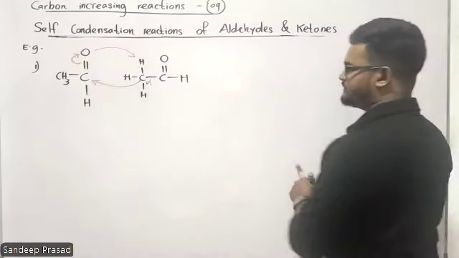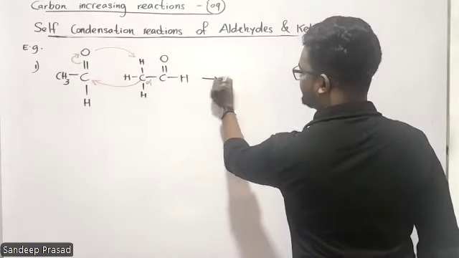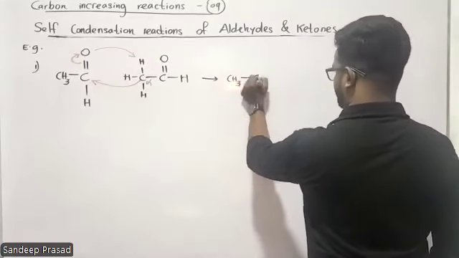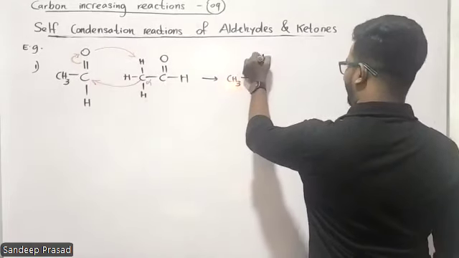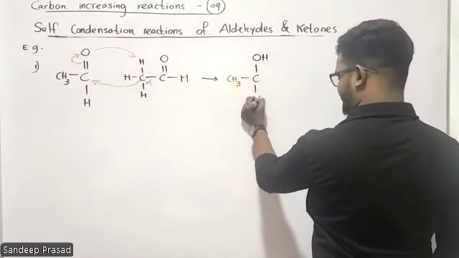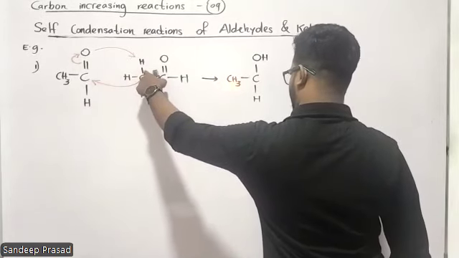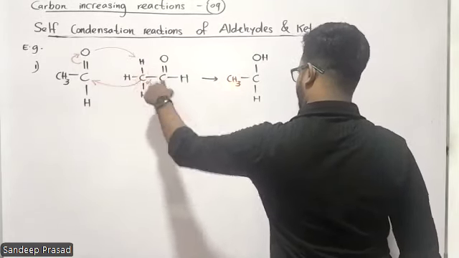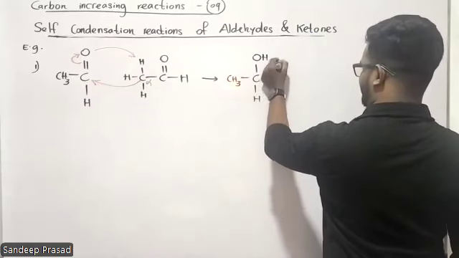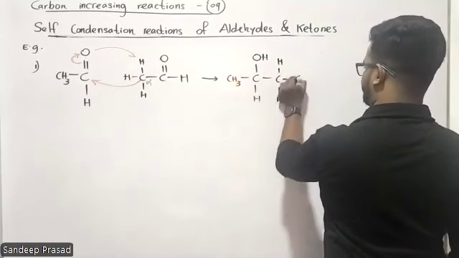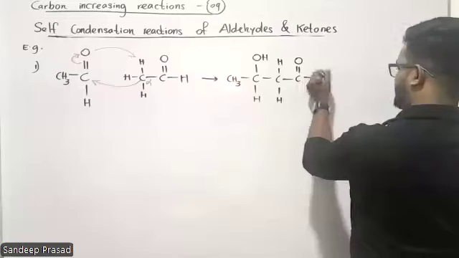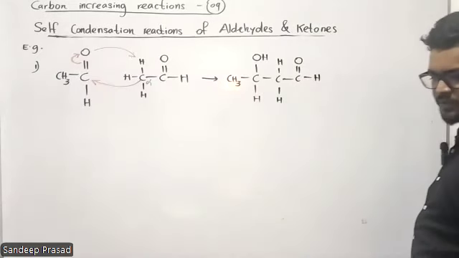Then what is the product? We can say that the product is CH3C, oxygen took that hydrogen, therefore OH, H here. Now this hydrogen is not there anymore. Then CH2, C double bond OH is the product, the aldol product.